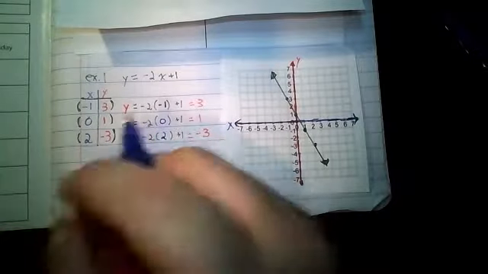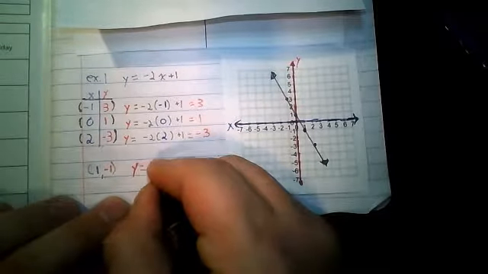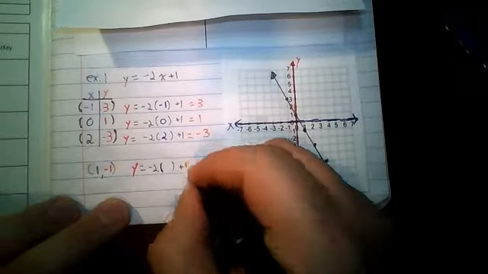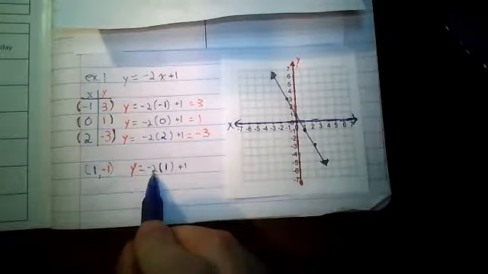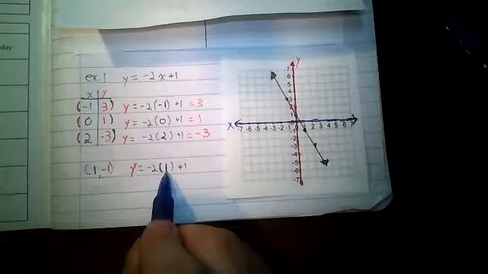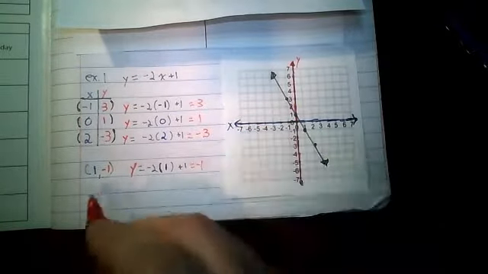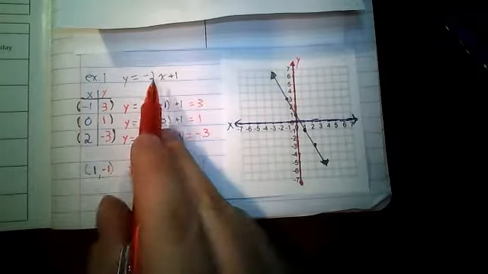So in my equation, I would have y equals -2 times x plus 1, where x is 1. So y equals -2 times 1 plus 1. -2 times 1 is -2, plus 1 gives me -1. So this point, 1, -1, is a solution of this equation.